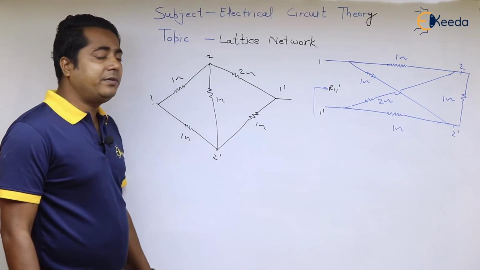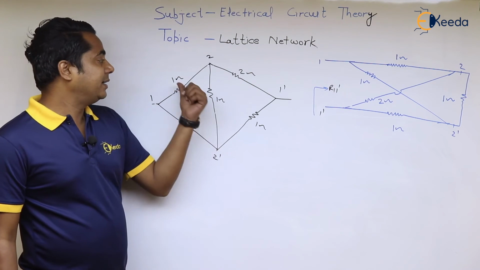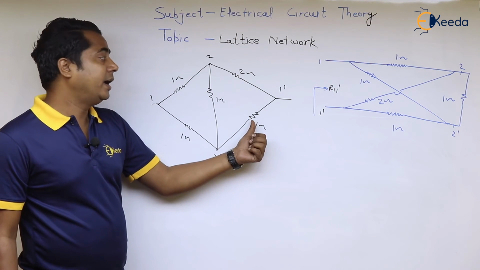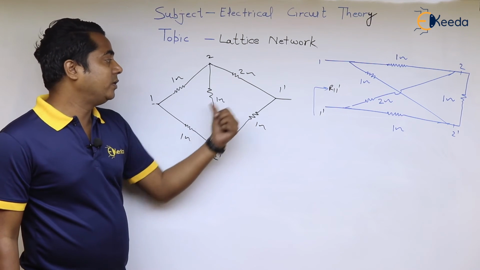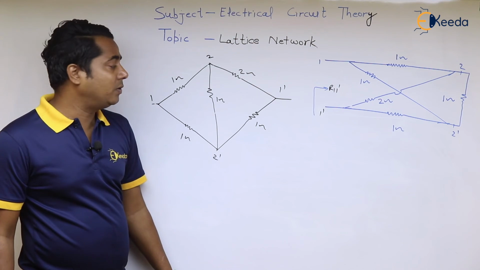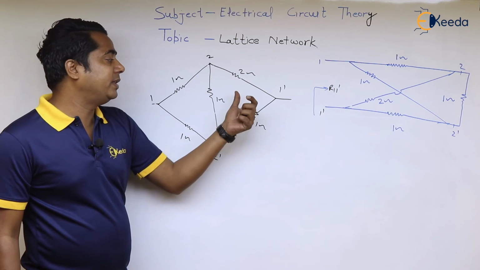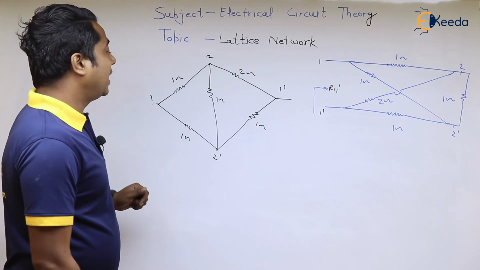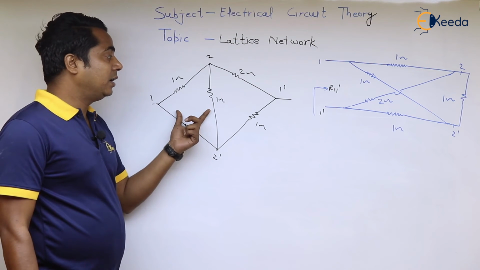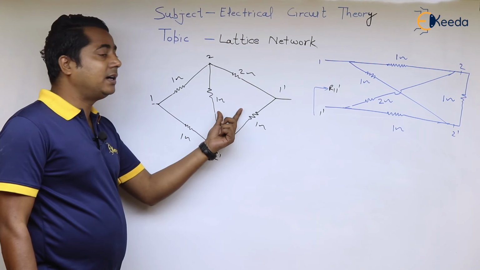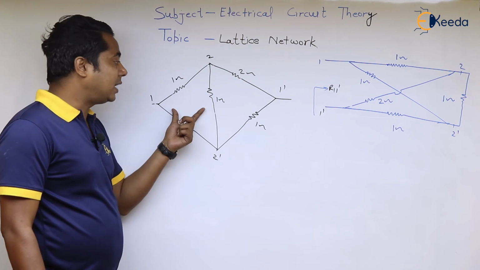Now when we check whether this multiplication is equal to this multiplication, here 1 into 1 is not equal to 1 into 2. So this time the Wheatstone bridge is not balanced and we cannot remove this 1 ohm resistor. We have to be careful and check which delta we have to convert into star.